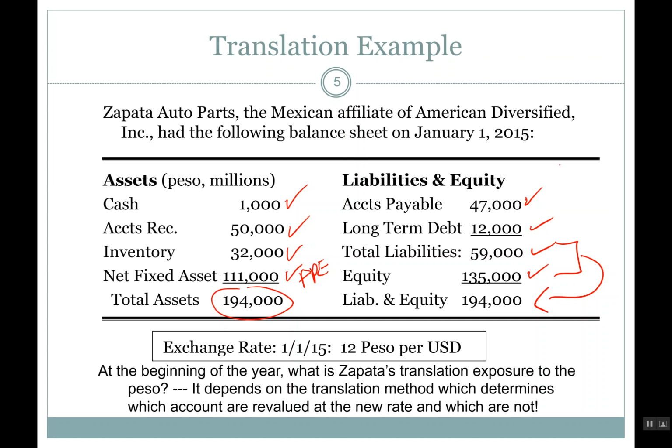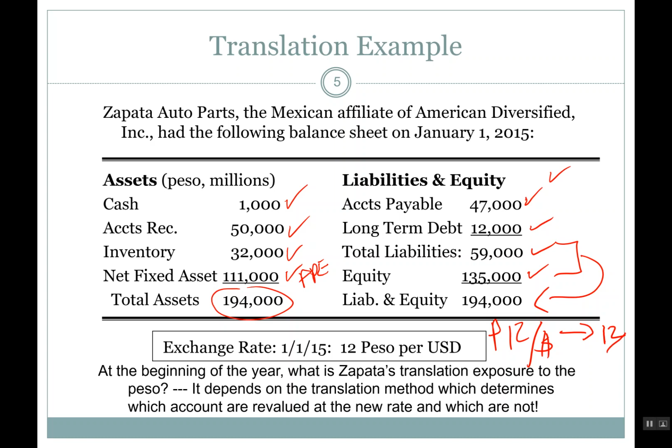Say the exchange rate as of the date of this report is 12 pesos per dollar. That's the exchange rate at the beginning of this period. What we're going to do is talk about what happens when this exchange rate goes from 12 to 13.